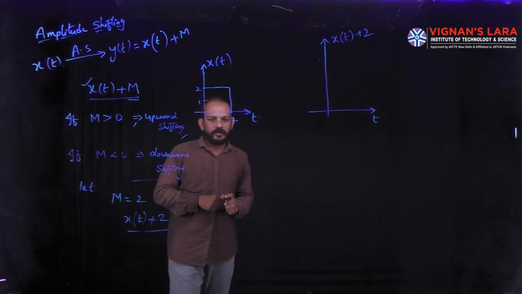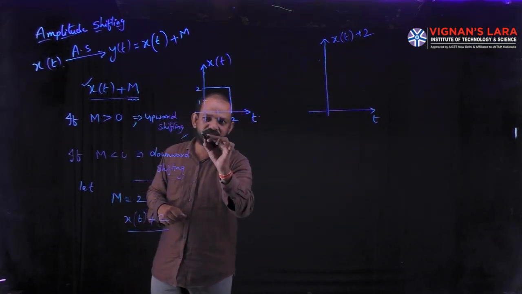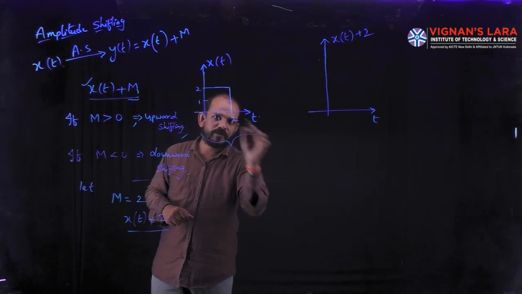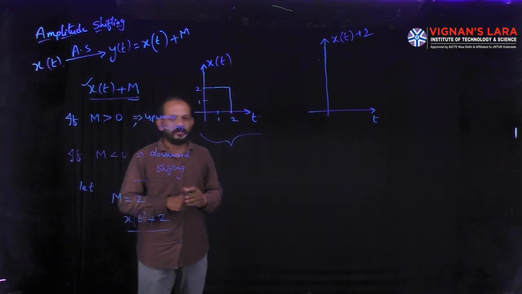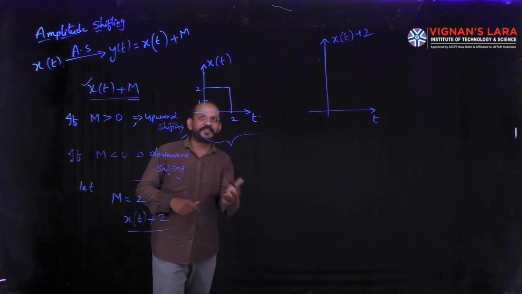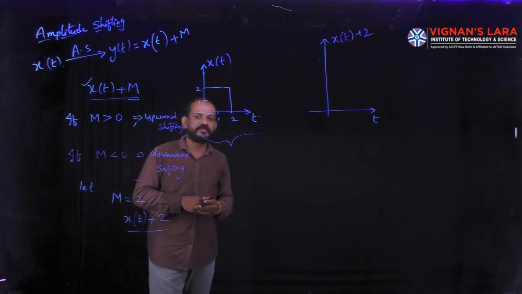How will you draw it? For that, I have to consider a signal. Based on this diagrammatic representation, how can you go for the equation of this signal? Equation representation of the signal.